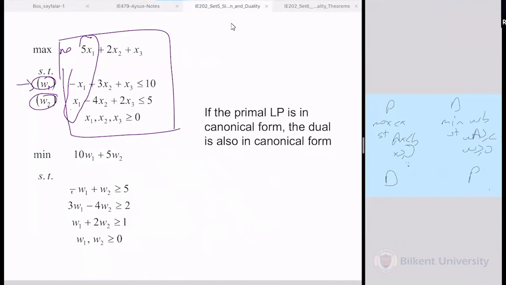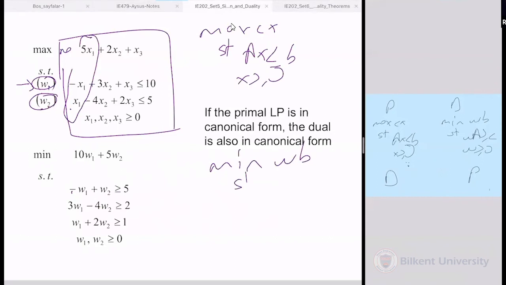The second constraint will be w2, but it's a +1, so +1 times w2. This is maximizing Cx subject to Ax less than or equal to b, x non-negative. I'm supposed to get minimizing Wb subject to Wa greater than or equal to C, W non-negative. So Wa is in here, greater than or equal to C, which is 5. Okay? Objective function coefficient of x1.